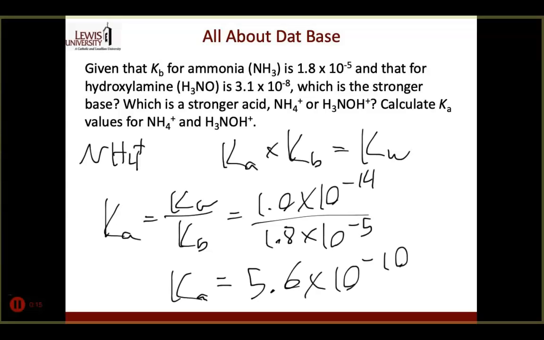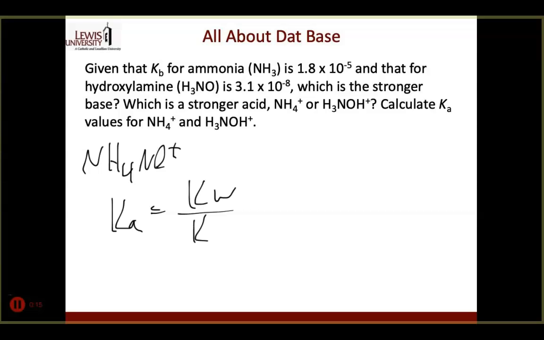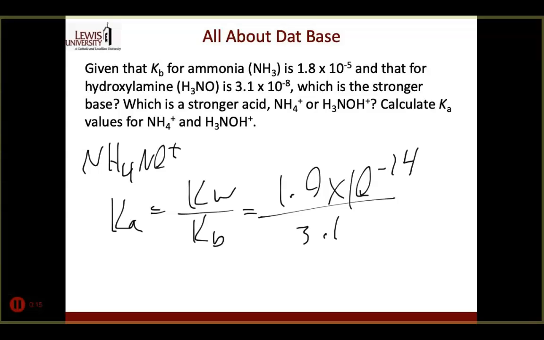Now we can do the same thing for hydroxylamine. For H4NO plus, which is the conjugate acid of hydroxylamine, the Ka is going to equal Kw divided by the Kb for hydroxylamine, 1.0 times 10 to the minus 14th, divided by 3.1 times 10 to the minus 8th.